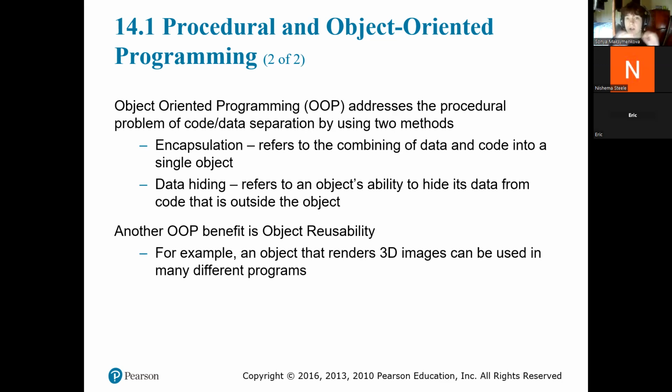Remember, the way we wrote programs before, when we wrote our methods, we could use them anywhere in our program, and we could attach any variables to those methods. But with object-oriented programming, all of those methods and all of those variables will be assigned only to one single object.